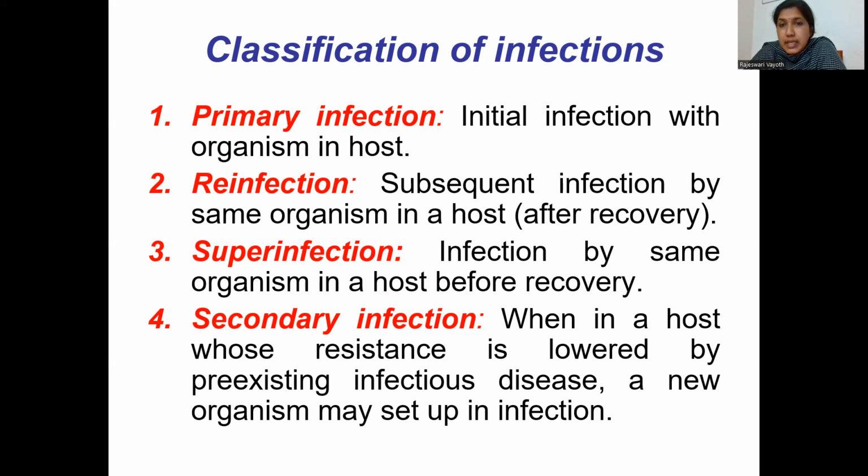First is primary infection. It is the initial infection with the organism in a host. When the host cell is primarily or initially infected by a parasite, it is known as primary infection. Next is reinfection. Subsequent infection by the same organism in a host after recovery is reinfection.